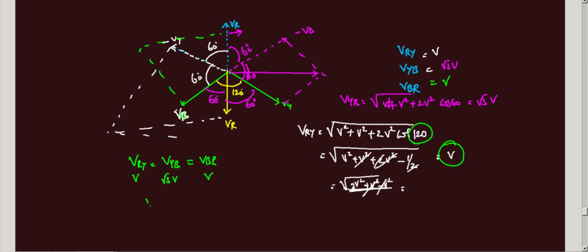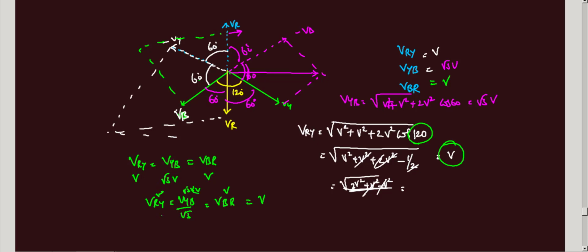So VRY equals VYB by root 3 equals VBR equals V. If you substitute, VRY equals V, VYB equals root 3 into V, VBR equals V.